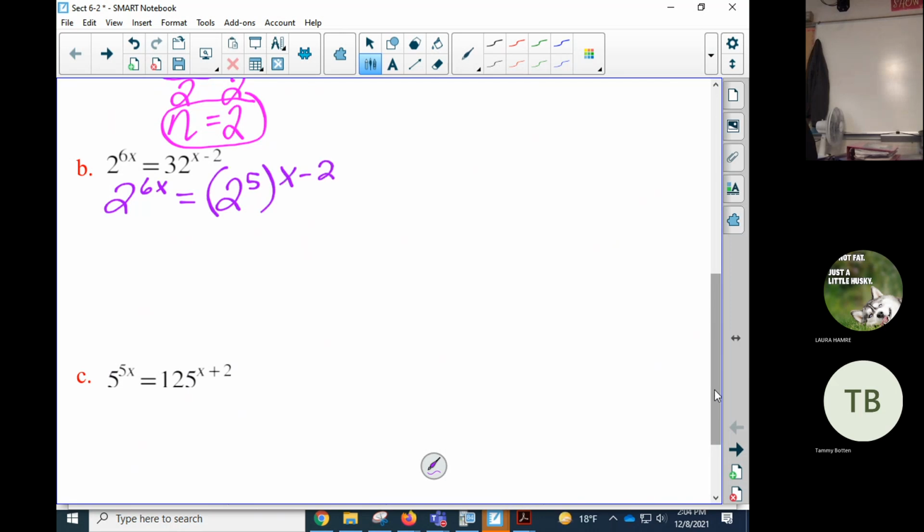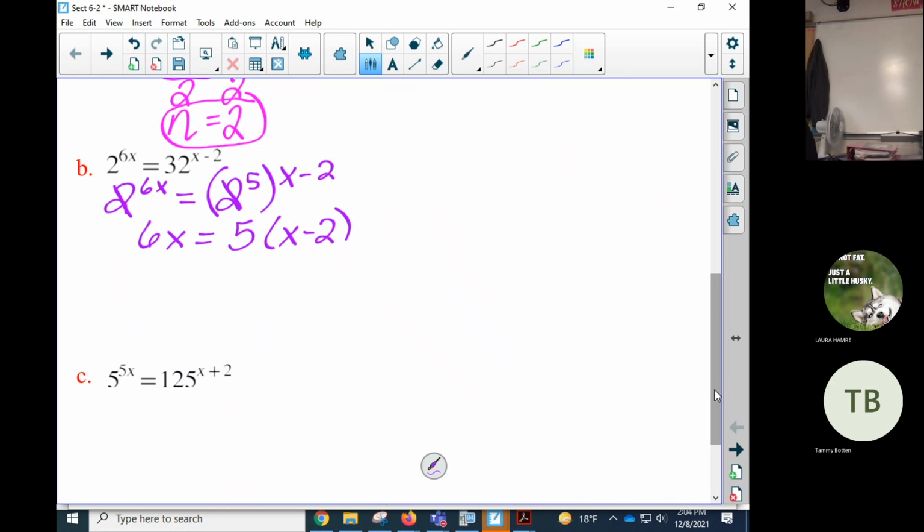Okay, now, the 2's are gone. And you would get 6x, but here you have to multiply 5 times x minus 2 in parentheses. It's not just 5x minus 2. You have to go 5 times x minus 2 in parentheses.